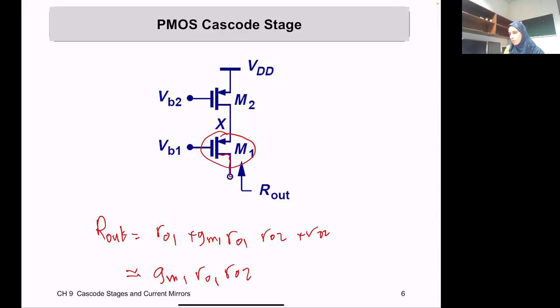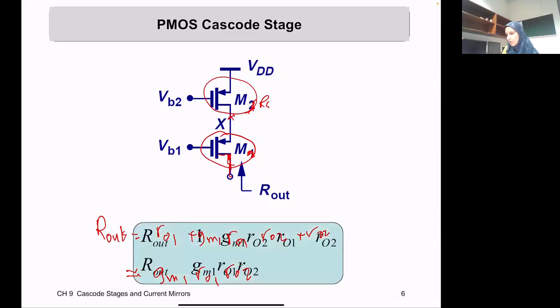So if it was here called GM2, and this is M2 and this is M1, it would be GM2 down here, but it's not the case. So the first is the GM of the first transistor that you are looking at, and the one connecting on the source side of that is our RS originally. Again, all this will be fixed.